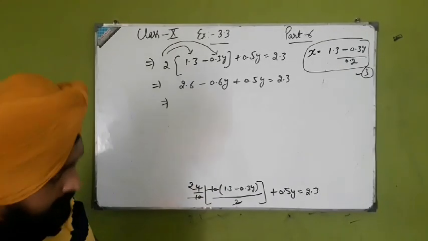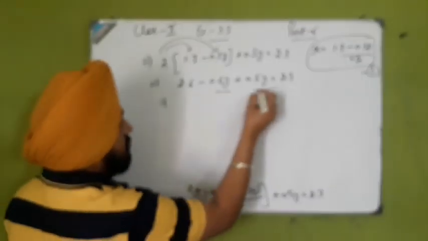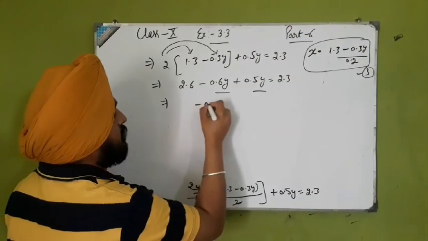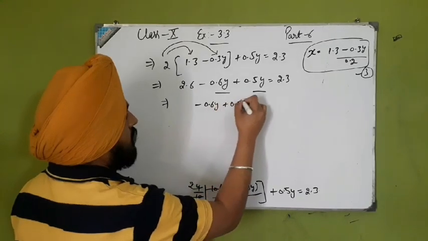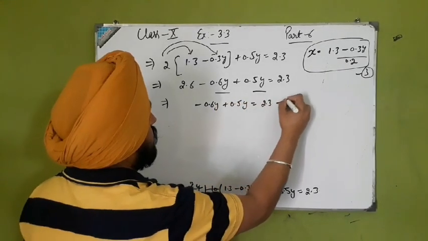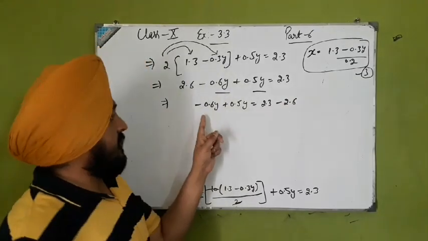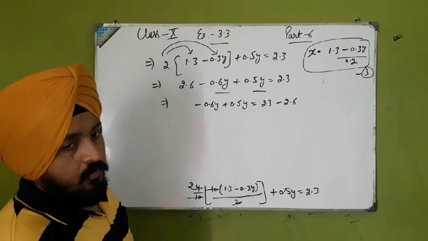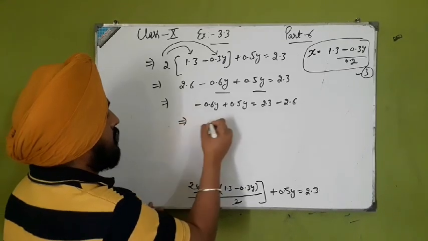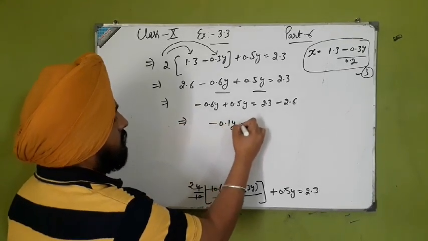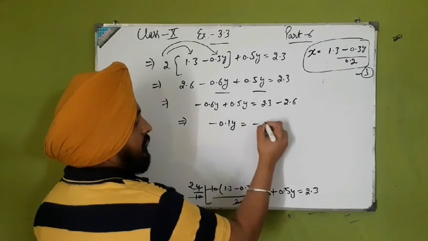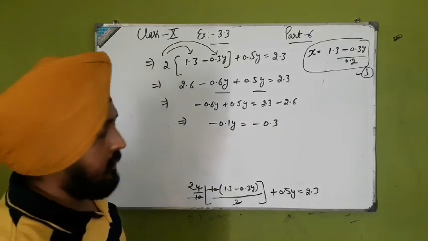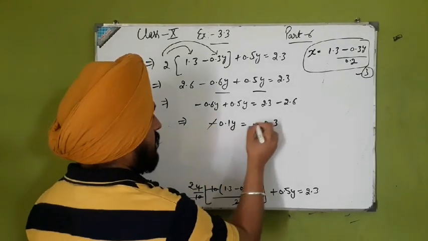Now in the next step, solve the variables and write this constant term on the right hand side. Minus 0.6y plus 0.5y equals 2.3 minus 2.6. Yes, subtract. Minus 0.6y plus 0.5y gives you minus 0.1y is equal to minus 0.3. When you subtract 2.6 from 2.3, then minus 0.3 will be there. Cancel minus with minus.